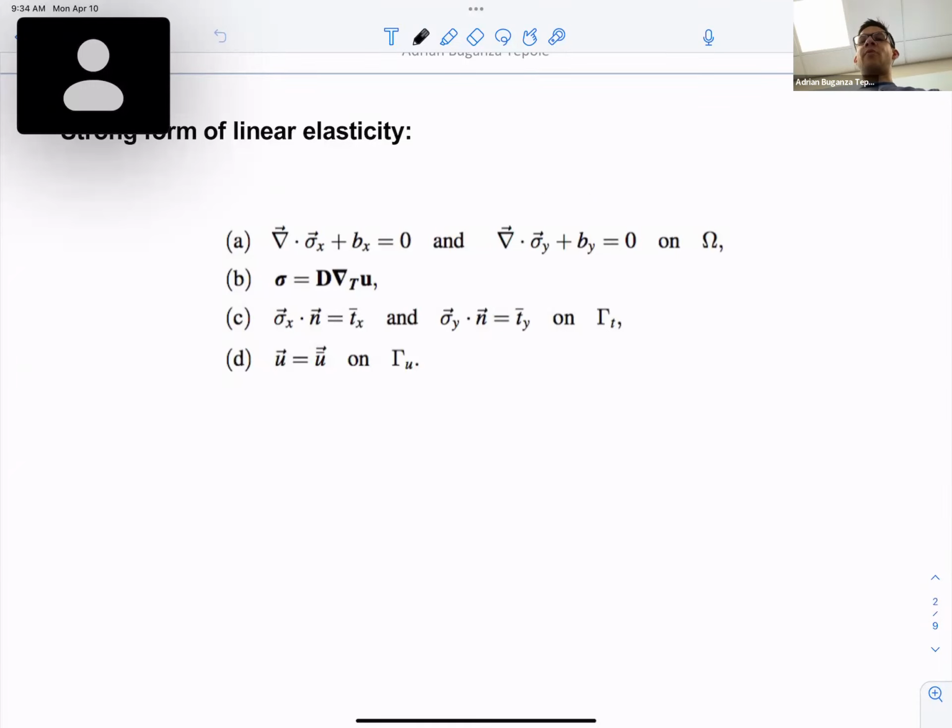So in the book, it's written as these two. The equivalent is just the divergence of the stress matrix plus the B vector equals the zero vector.